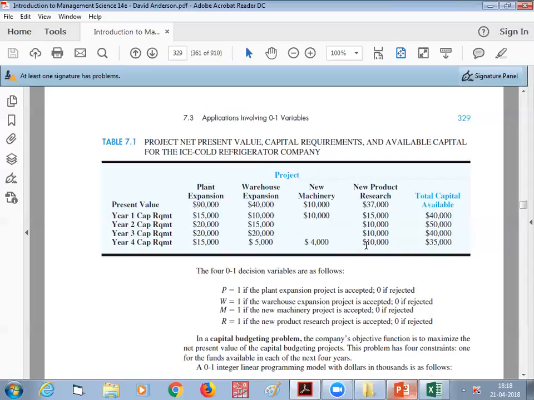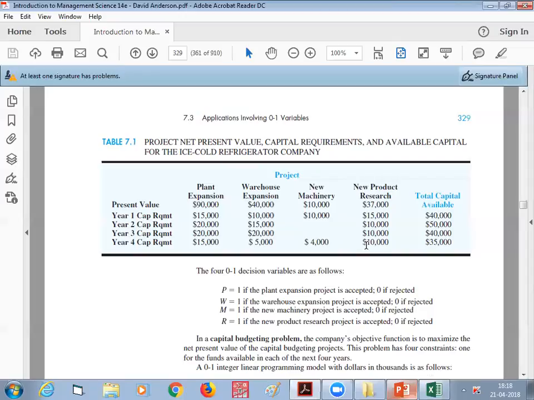For warehouse expansion, 10, 15, 20, and then down to 5. For new machinery, first year 10,000, last year 4,000. For new product research, 15, 10, 10, and 10. The total capital available for the next 4 years is 40,000, 50,000, 40,000, and 35,000.